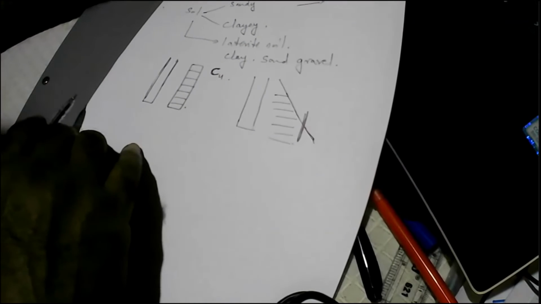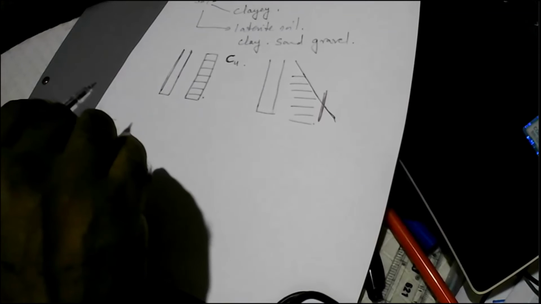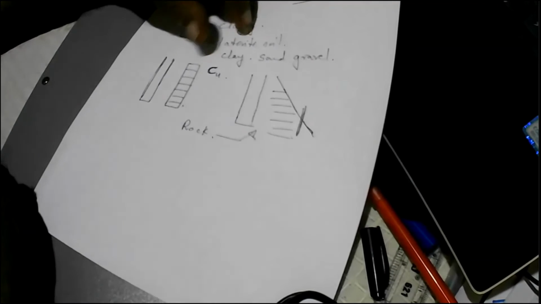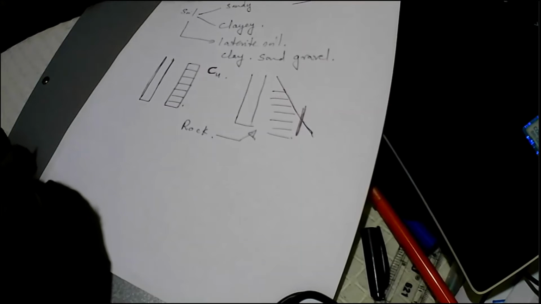So then you can also have rock. In rock also, the variation will be something like this. But we have to now find suitable values for all these.